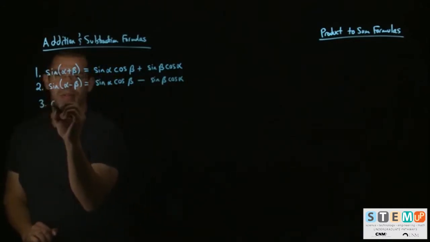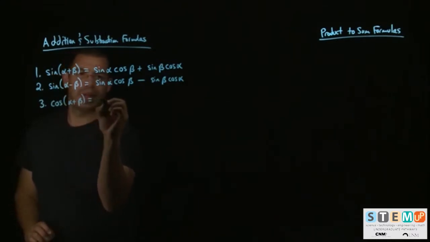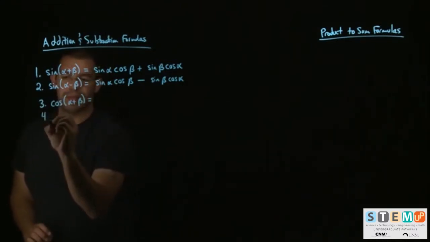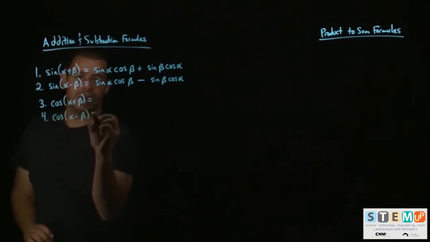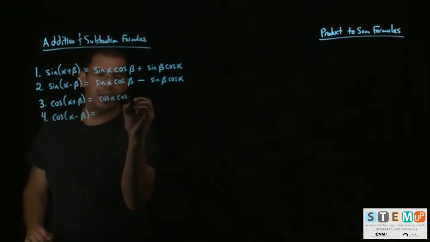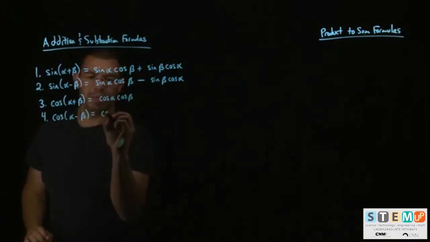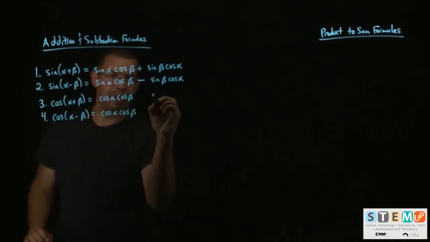Now we have cosine of alpha plus beta and cosine of alpha minus beta. Just like the others, these are essentially the same, right? They're very, very similar.